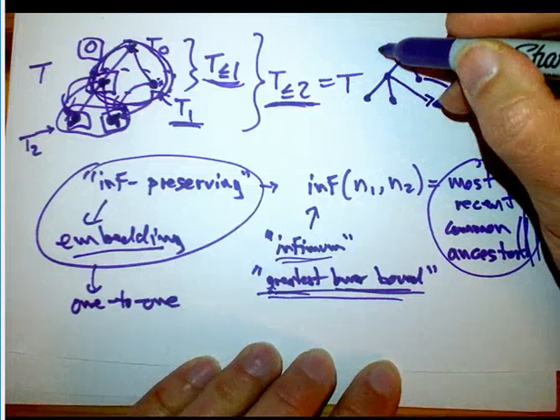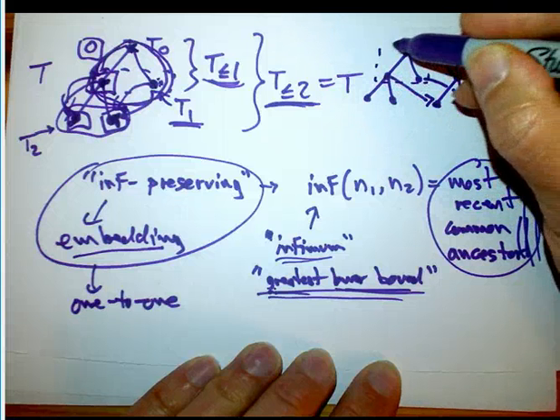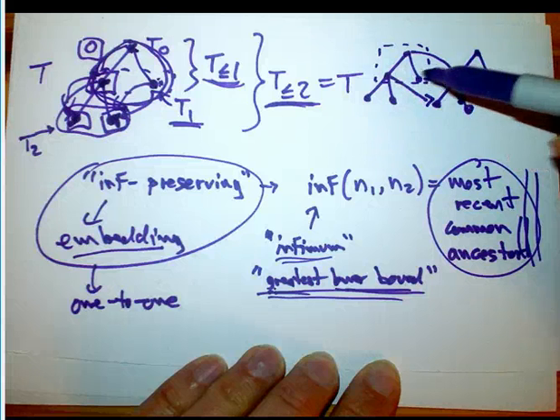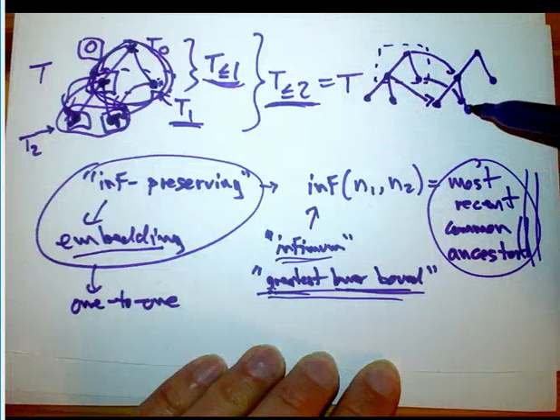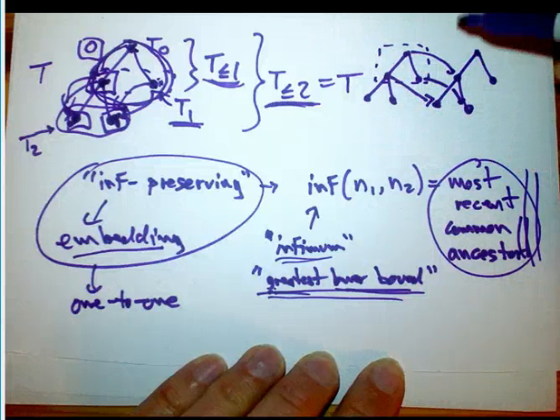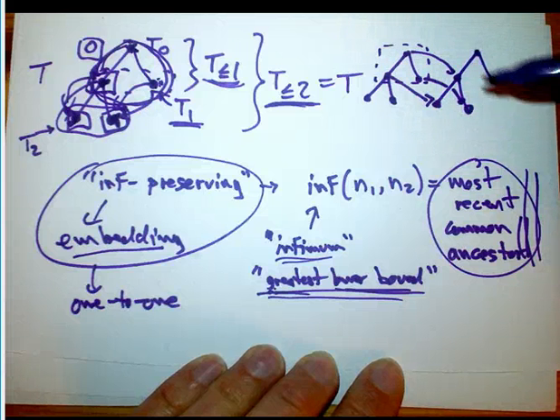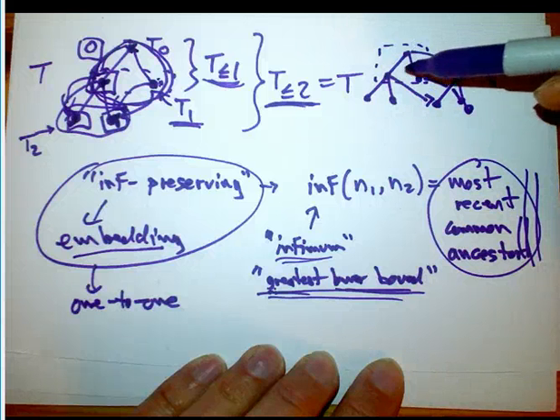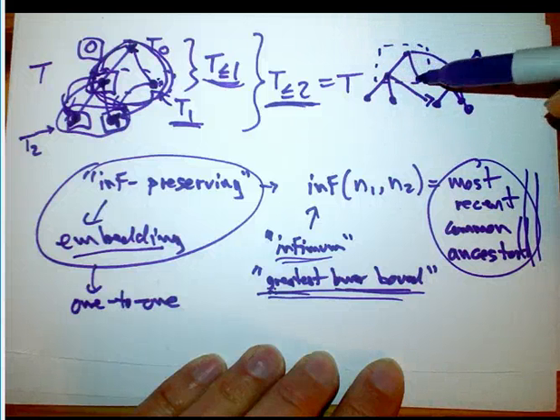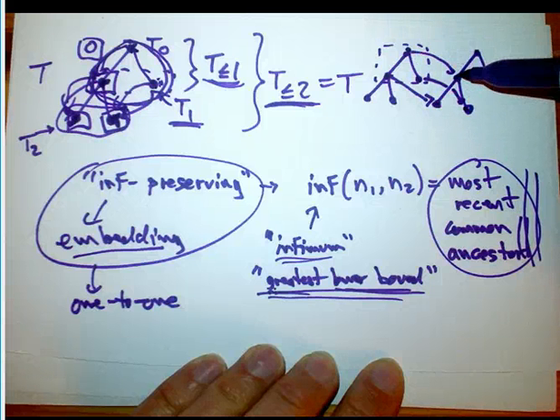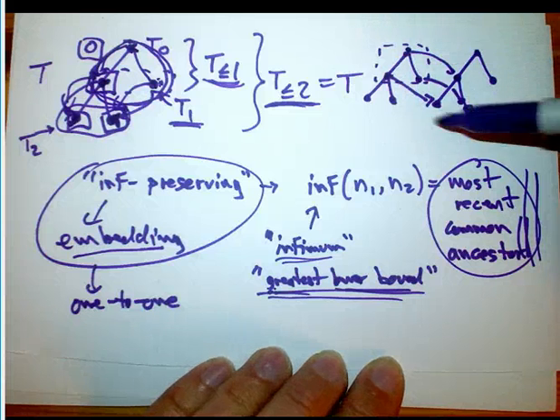Okay, so I'm just trying to take this guy as a subtree and map it into this whole thing. The front rank maps to the front rank of the bigger guy. And it doesn't combine any two things into one, so it's one-to-one. And it's inf-preserving because, for example, the inf of these two guys is this guy, and where did those go? Those went to here, and the inf of those is this, and that's where this guy went. So it preserves that notion of common ancestor.